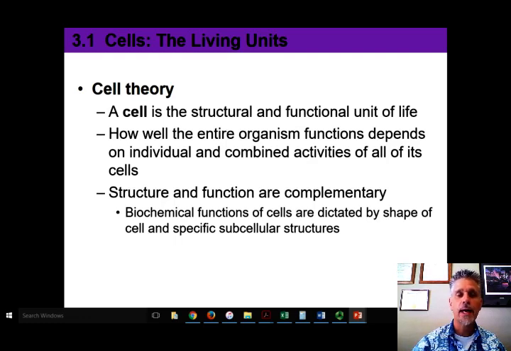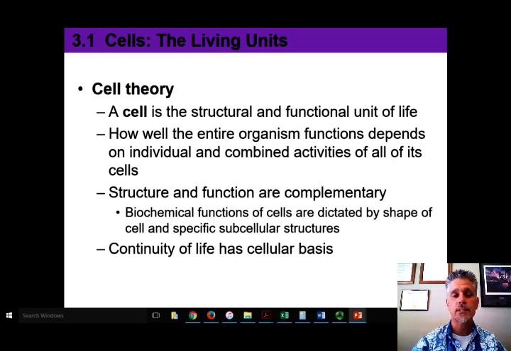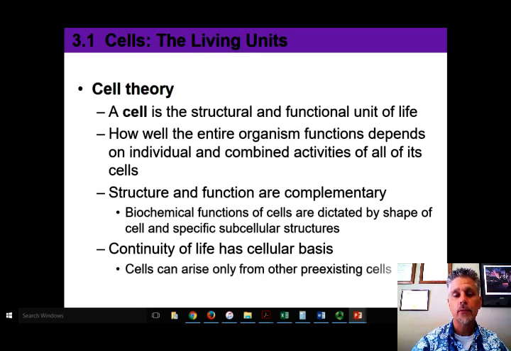So when we look at those functions through time, we can understand how those tissues work, how those organs work, how those organ systems work. So we have this continuity of life that starts at the cellular level and works its way up. The cells that we have arise from pre-existing cells. So you start out as one cell.